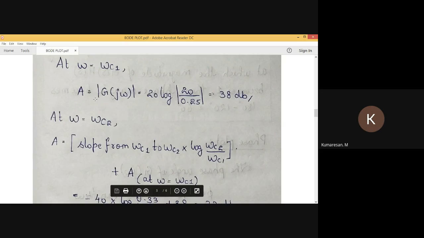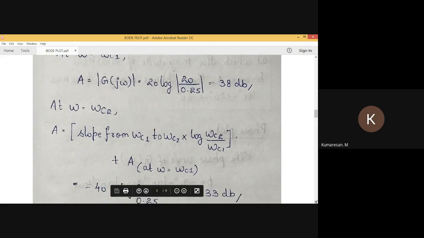So A equals the slope from omega c1 to omega c2 times log of omega c2 divided by omega c1, plus the magnitude at omega equal to omega c1, the previous magnitude, which we found to be 38.